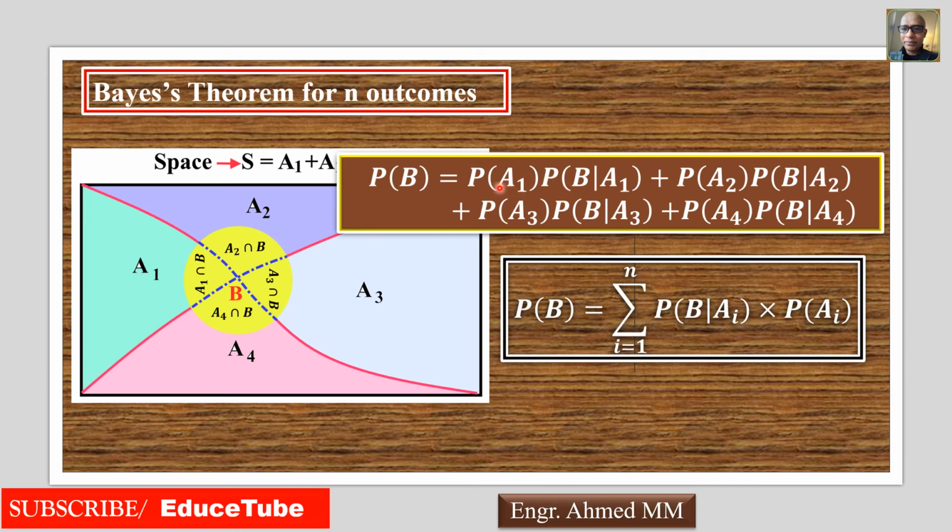Look at this one: AI. If I put 1 this will come, if I put 2 this will come, if I put I equal to 3 this term will come, if I put I equal to 4 this term will come. In generalized form it is like this.